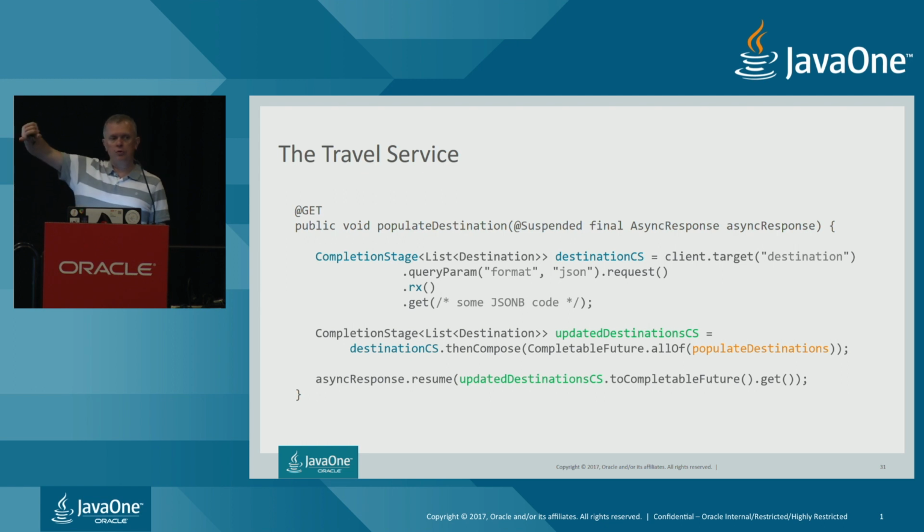So I need to switch this completion stage into a CompletableFuture, and since CompletableFuture is an extension of a Future, I can call the get method with all the precautions that David showed you, timeouts and stuff like that if the process takes too long.